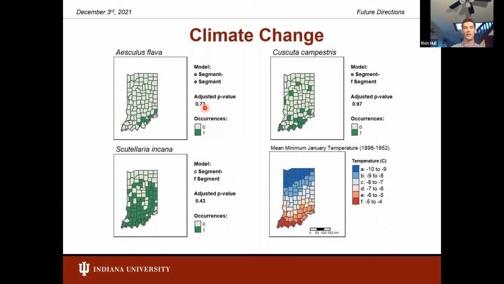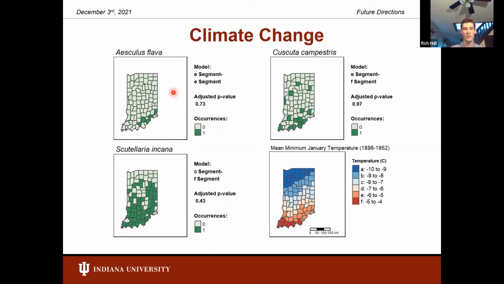So we can classify them to specific climate segments. This is where we get climate-based, statistically supported floras. So here in the lower right-hand corner, I have the climate segments for reference. And then here I have examples of species that fit alternative models.